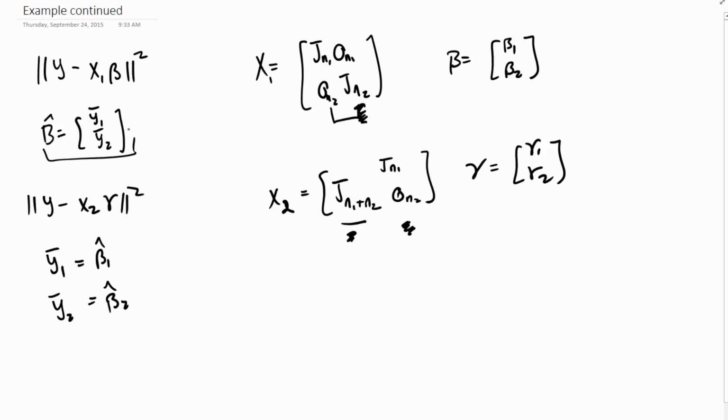Okay, now look at x2 times gamma. The fitted values for anyone in group 1 are now, if I multiply x2 times gamma, gamma 1 hat plus gamma 2 hat. And then for anyone in group 2, it has to be just gamma 1 hat by itself.